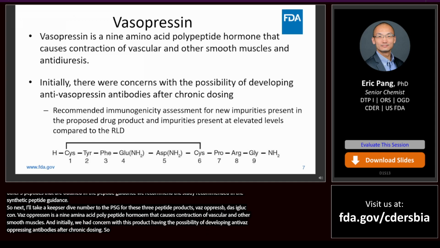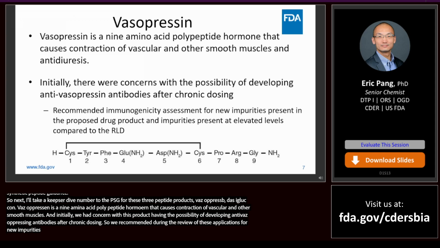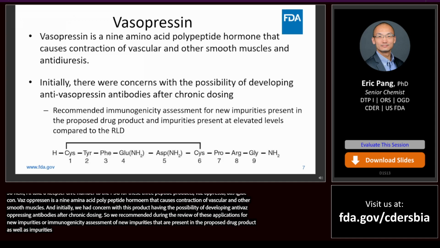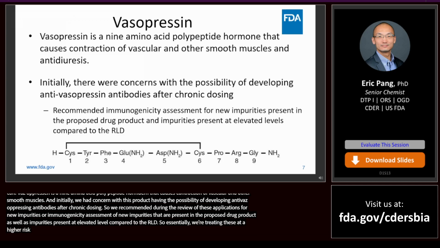So we recommended, during the review of these applications, an immunogenicity assessment of new impurities that are present in the proposed drug product, as well as impurities present at an elevated level compared to the RLD. So essentially, we're treating these under a higher risk consideration and asking for the immunogenicity assays.